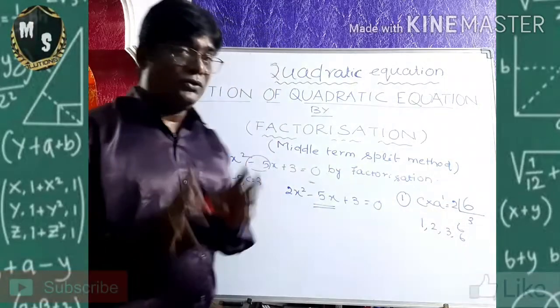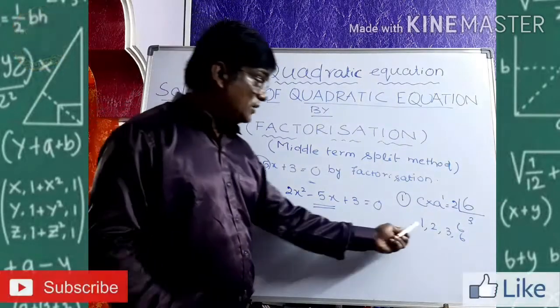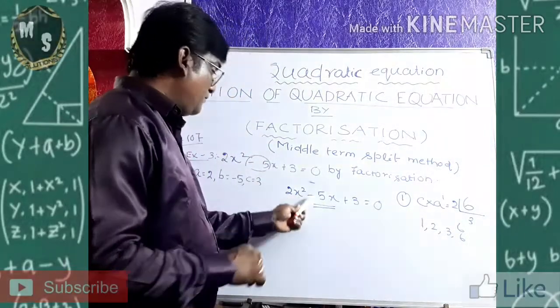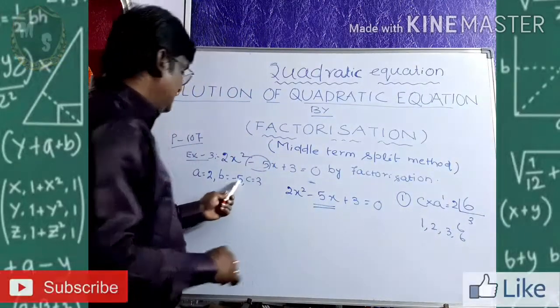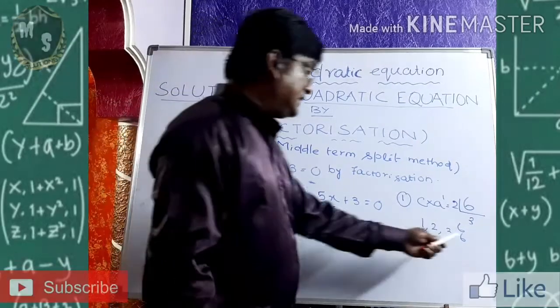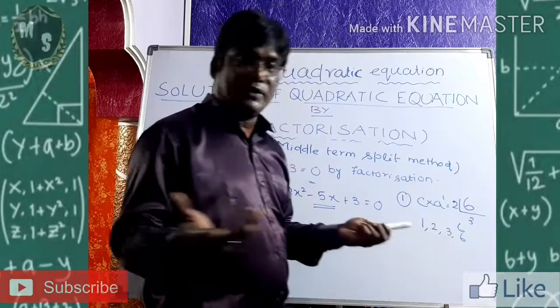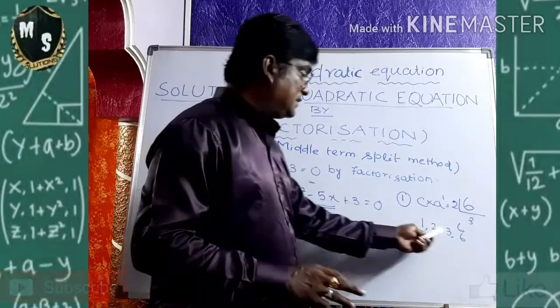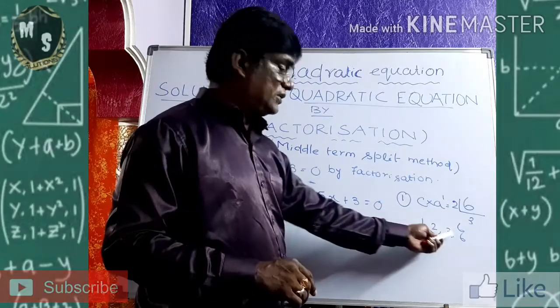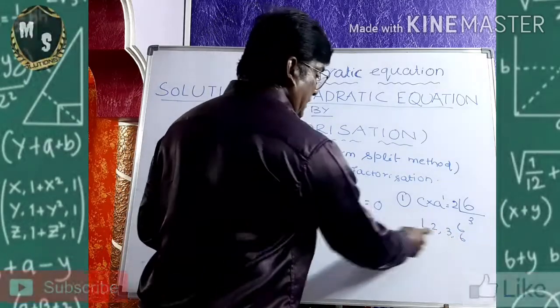Now step number 2: you have to judge the appropriate factors to get B, which is minus 5. How can we get minus 5? By taking 6, 2, 3: 2 plus 3 is 5, 2 minus 3 is minus 1, 3 minus 2 is 1. So 2 plus 3, then 6 minus 1.